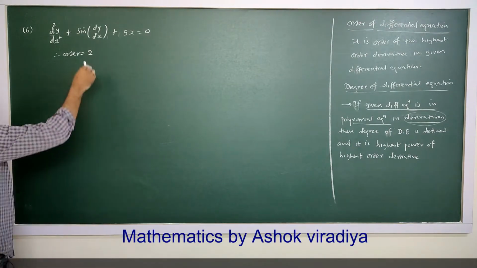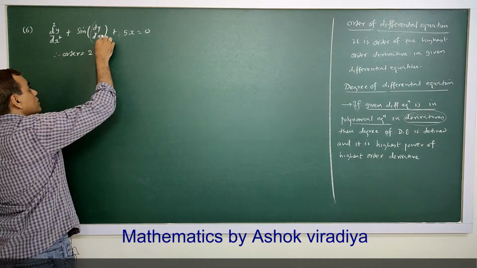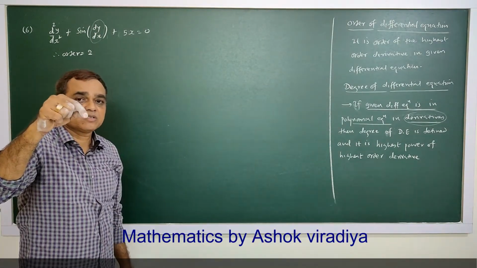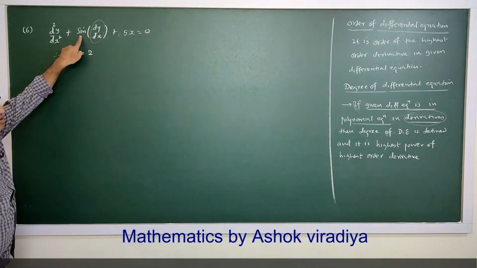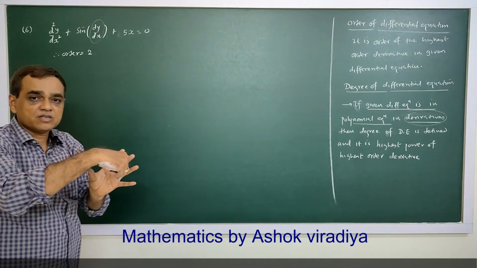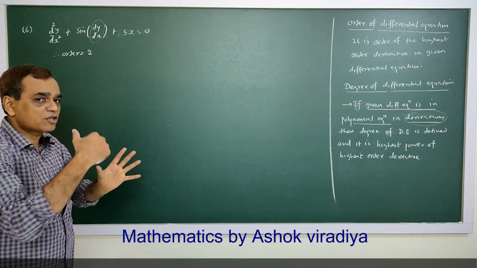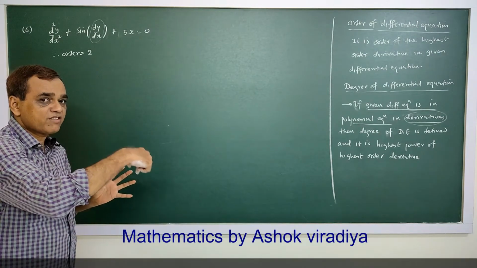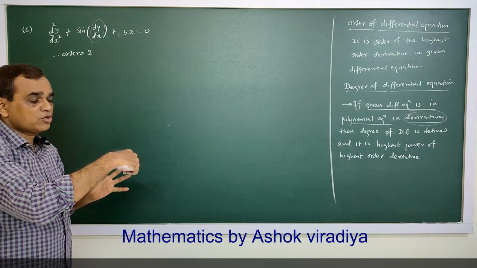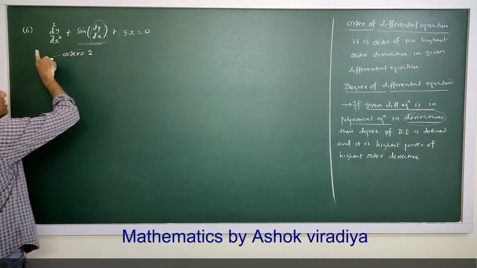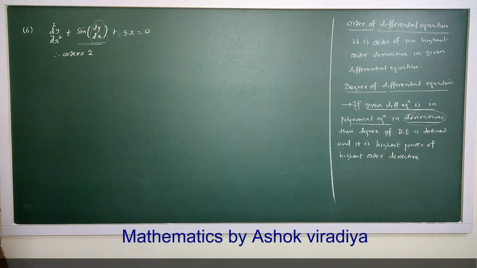Because any derivative should not be included as an inner function. Sine is the outer function. Dy by dx, this derivative, is the inner function. So anywhere in a composition, dy by dx should not be an inner function. So this is not allowed. Because of this expression, this is not in polynomial form.